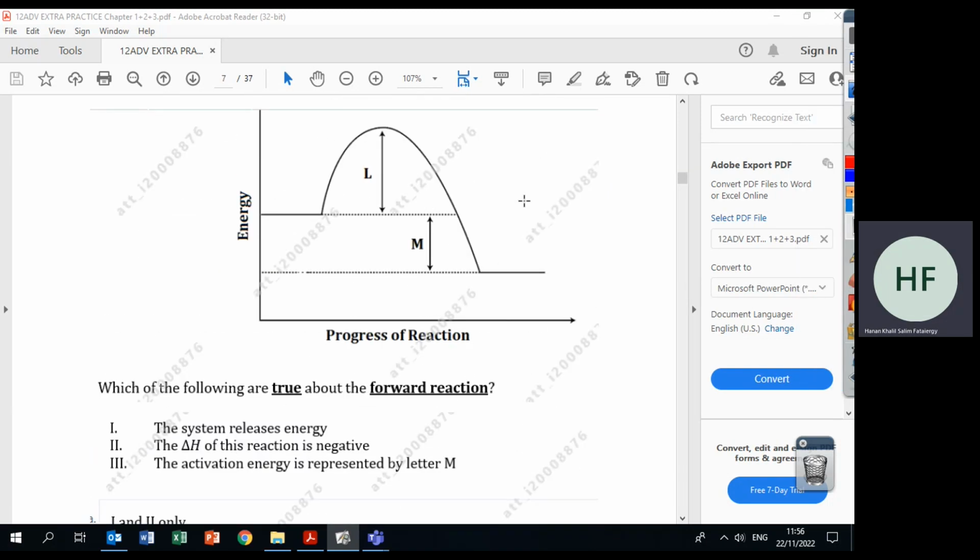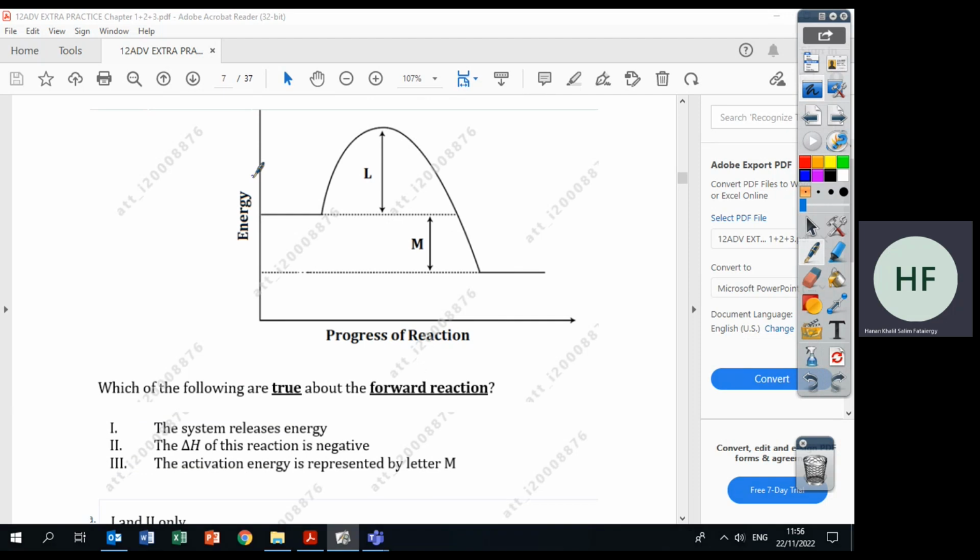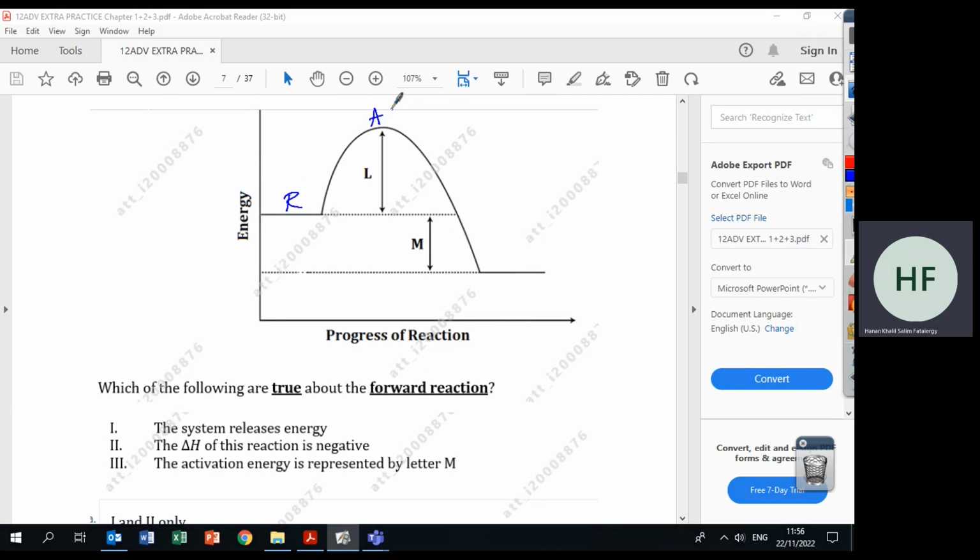Okay, now let's look at this reaction. Now this reaction is a bit different because here the reactants, here the activated complex, and here is the product, and the reaction loses energy. And when the reaction loses energy, this is called exothermic, and delta H is negative. The system releases energy is correct, delta H is negative, the activation energy is L. This is activation energy.